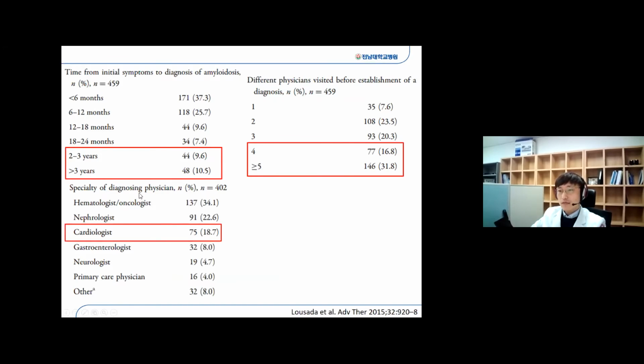And the specialty of the diagnosing physician is also very variable, and many of the patients meet a hematologist or oncologist rather than a cardiologist for the final diagnosis. So it is quite a difficult disease entity to diagnose in the clinical field and to initiate early treatment before the disease progresses. It takes years, it takes many doctors, and it takes many specialties as well.